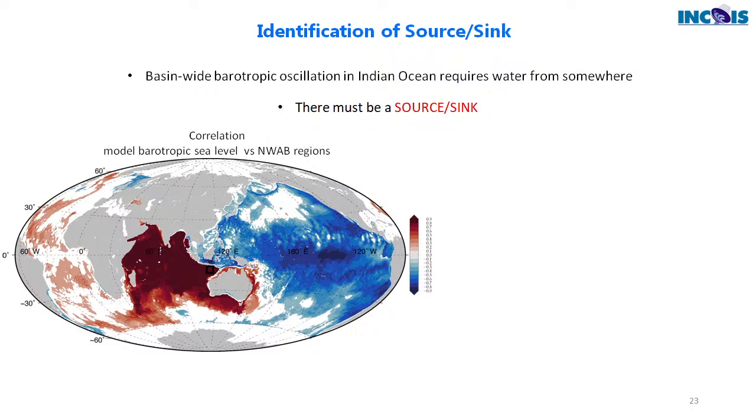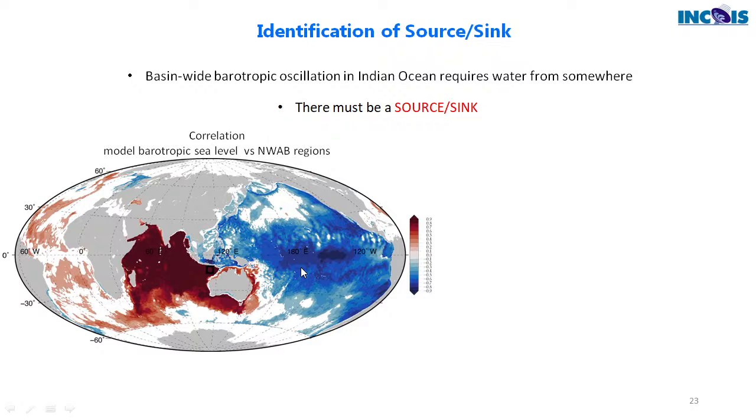It looks like when the sea level rises in the Indian Ocean by wind forcing, water from the Pacific Ocean drains into the Indian Ocean, causing a sea level low or high in the Pacific Ocean. So whenever the Indian Ocean rises, the Pacific Ocean drops, and the water is taken from the entire Pacific Ocean.